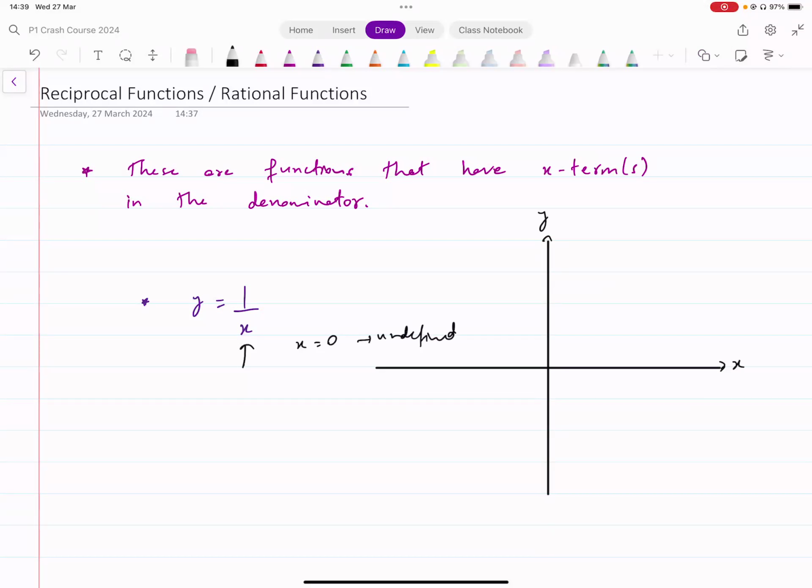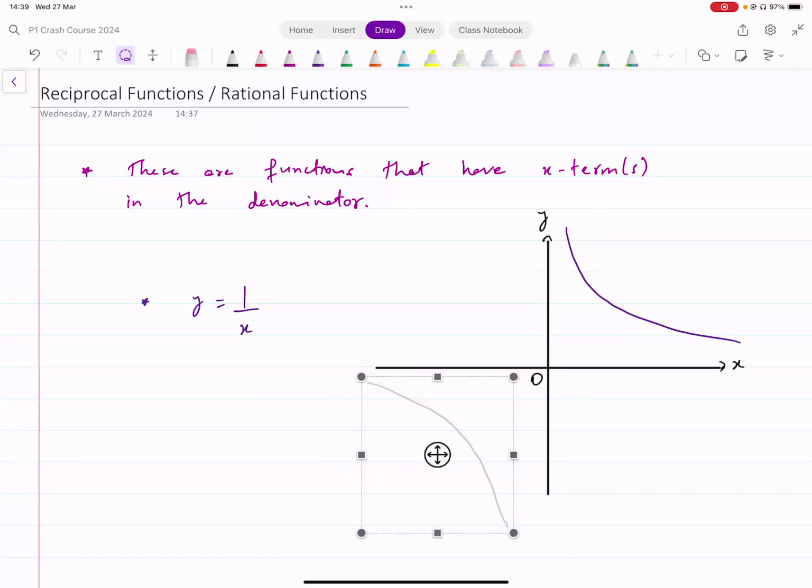You can't evaluate that. So because of that, at x equals 0, the function is not going to have any value, which means the function is going to exist in two different parts. X could be negative, x could be positive, but it can't be 0. On the right side, the graph looks something like this. On the left side, the graph looks something like this, right? So you've seen such graphs in O levels. They used to exist in two parts like this.